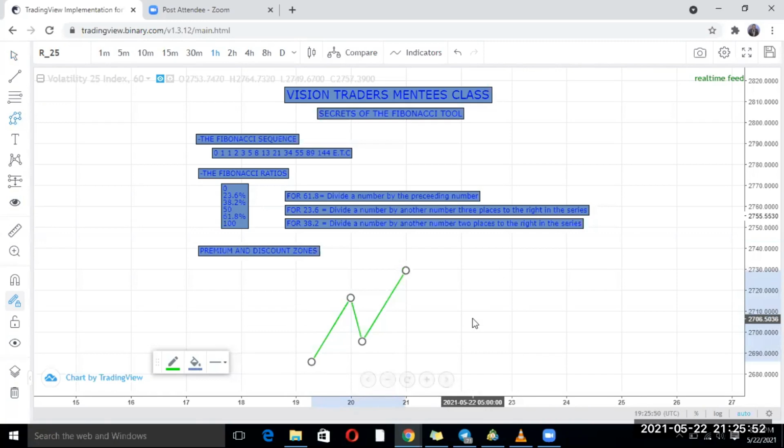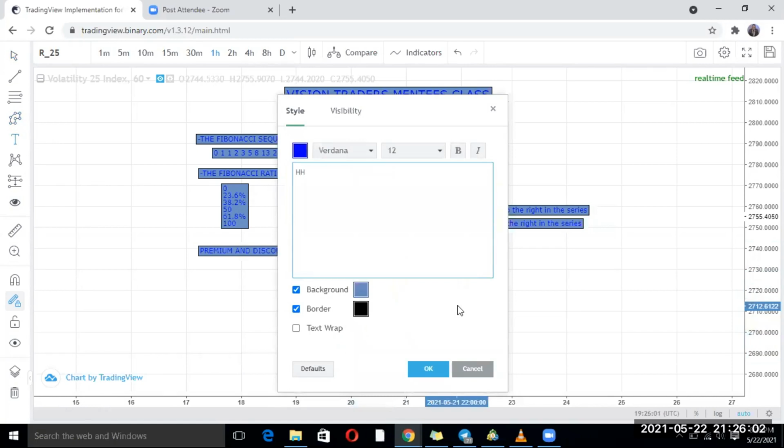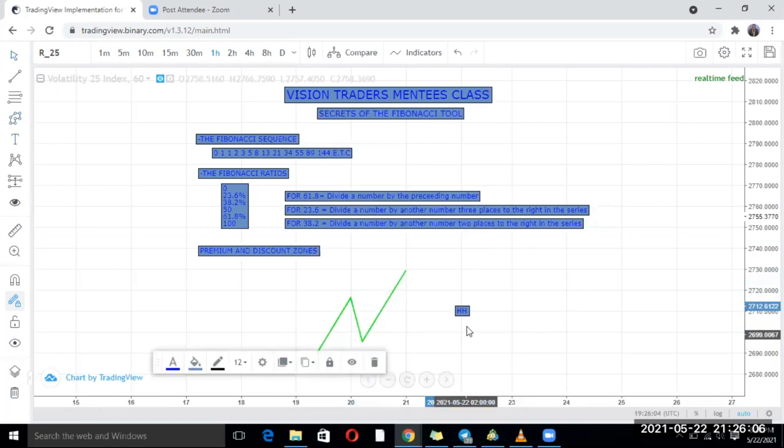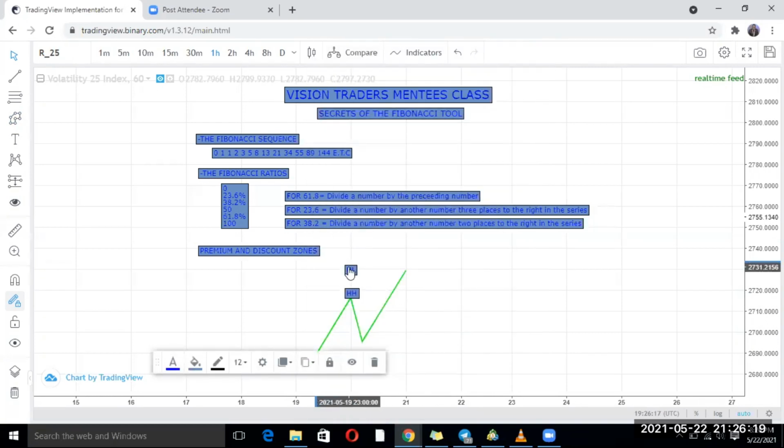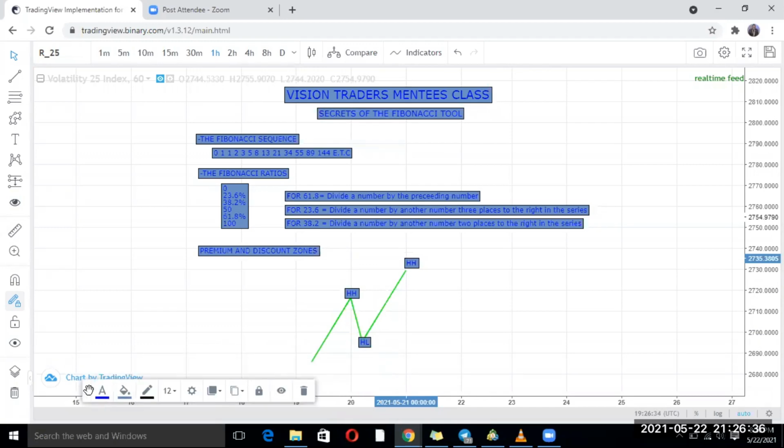Yes, so this is a bullish trend, isn't it? This is a bullish trend.